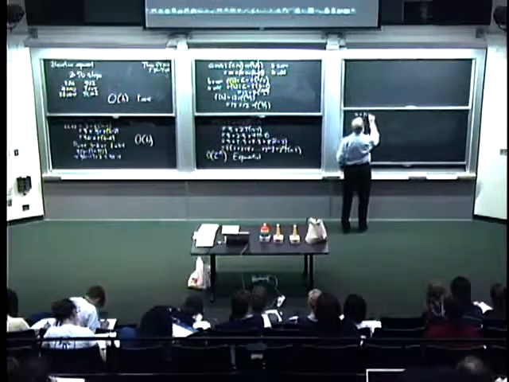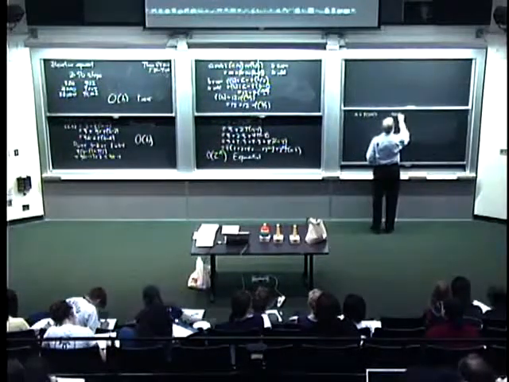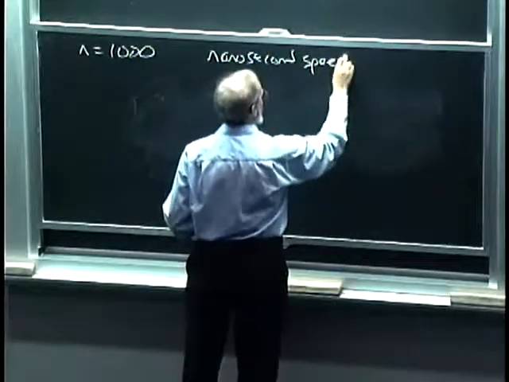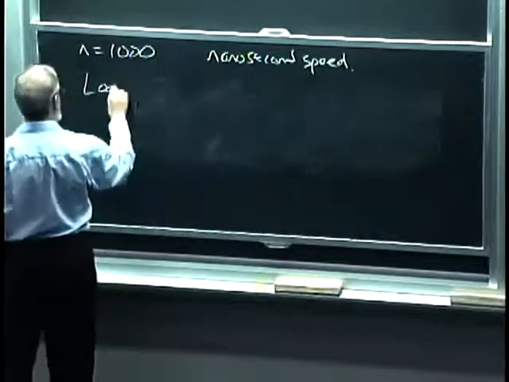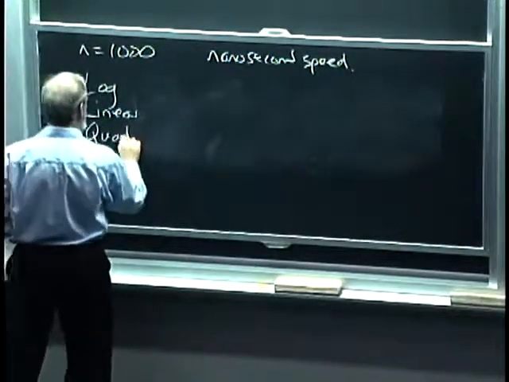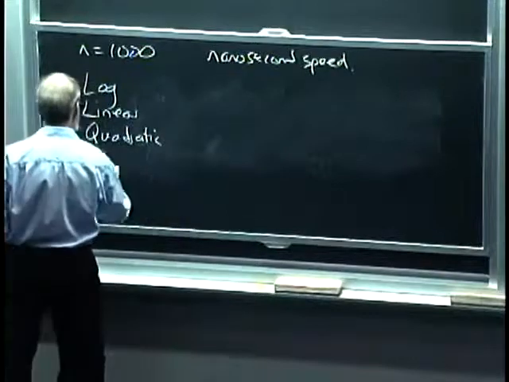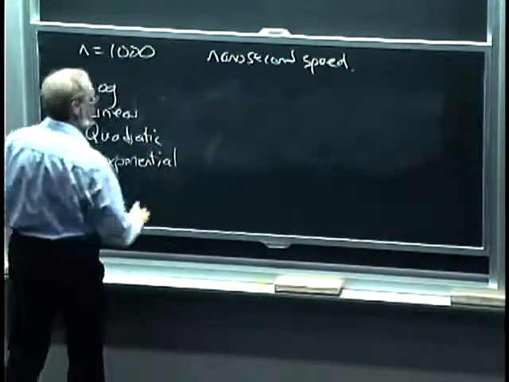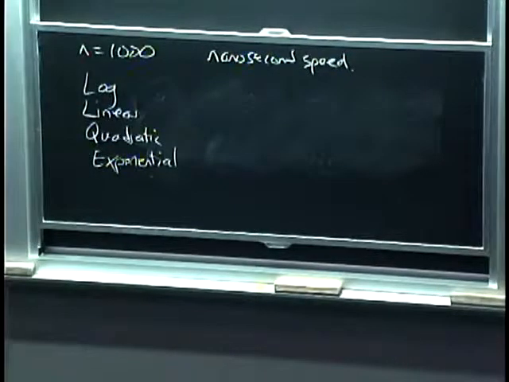Let's suppose n is 1,000, and we're running at nanosecond speed. We have seen log, linear, quadratic, and exponential. So, again, there could be constants in here, but just to give you a sense of this. If I'm running at nanosecond speed, and the size of the problem, whatever it is 1,000.